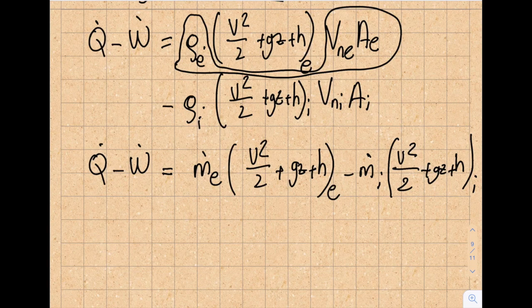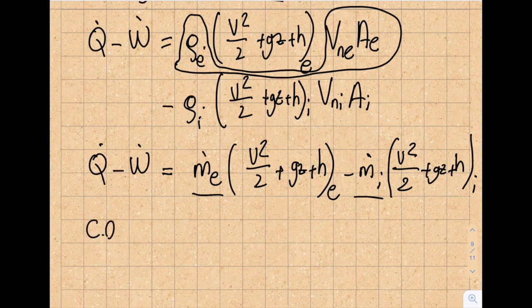Let me ask you a question. I'm looking at these two terms, m dot exit and m dot inlet. Can I obtain a relationship between m dot exit and m dot inlet? I'm going to tell you the answer. They are actually the same, but let's think for a minute why. It's coming from conservation of mass.